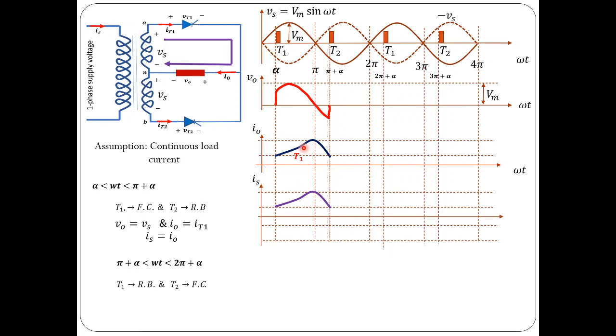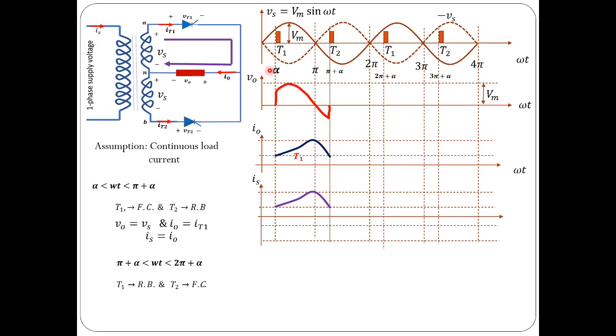Now at omega t equal to pi plus alpha, what is happening? Thyristor 2 is fired, which was reverse biased. In fact, during the interval alpha to pi plus alpha, thyristor 2 is reverse biased by voltage minus 2Vs, as we will see later.